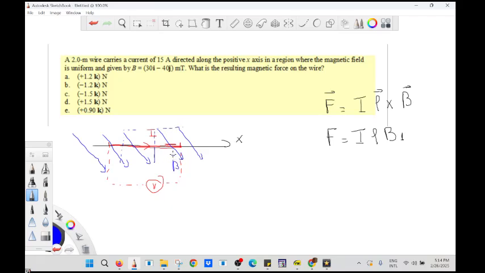So this is B. That will be the perpendicular component, perpendicular to I. That will be the parallel component.